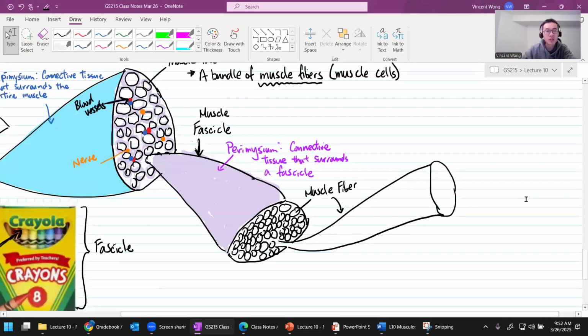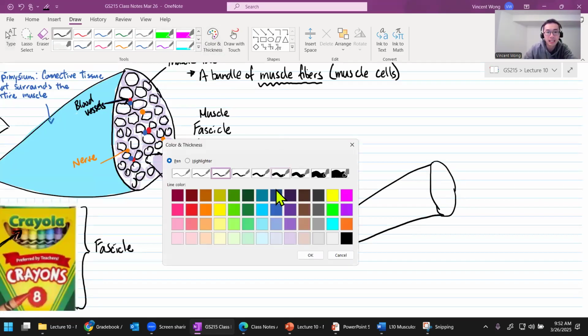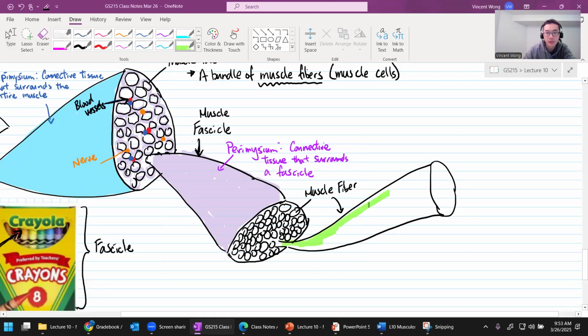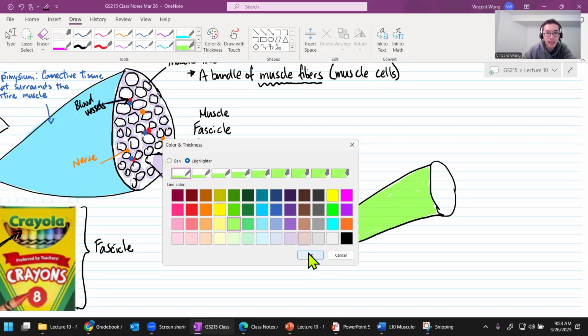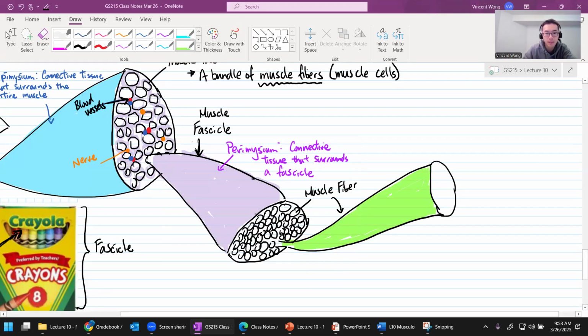Anyways, the muscle fiber right here is going to be covered with another layer of connective tissue. And so once again, if you open up the perimysium, you will see immediately each of these muscle fibers will also be surrounded by connective tissue.